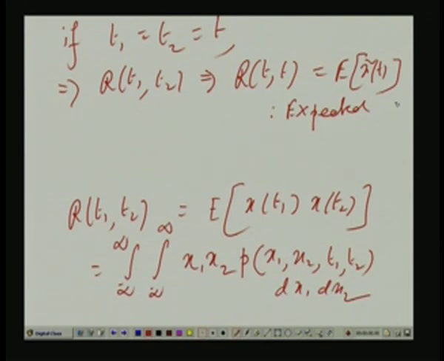X square of t is the instantaneous power, that is, for the particular waveform, the power at time point t. Then if you average it over the entire ensemble, that is, take it for all the sample functions belonging to the ensemble and average out, then that is the expected power at t.